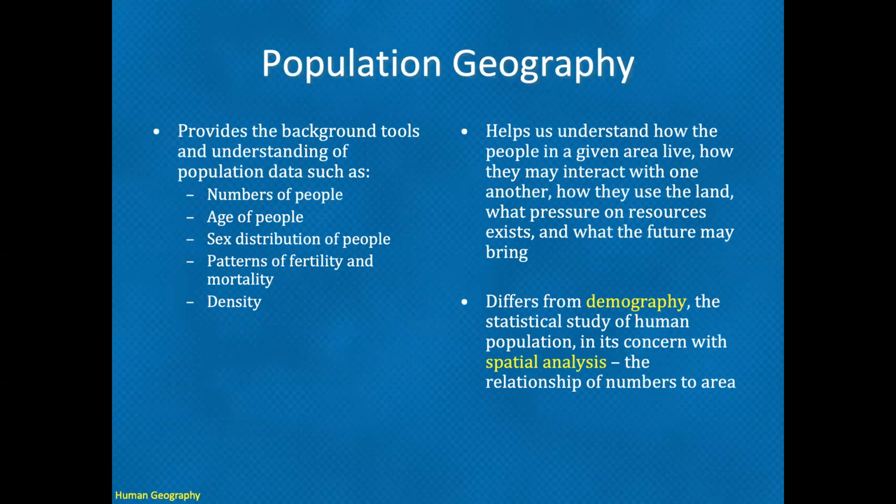So population geography differs from the idea of demography because population geography is more of an analysis tool. Like how do the age of people, the distribution of males versus females, fertility patterns, density, how does that help you understand what is going on in a particular area?